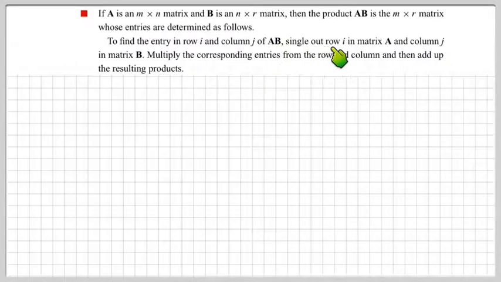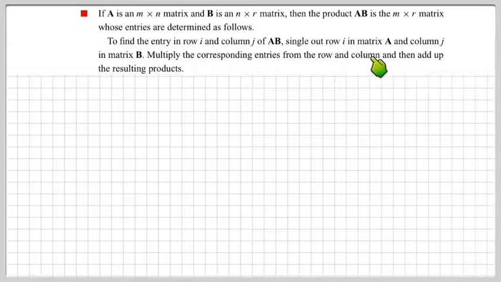You single out the row I in matrix A and the column J in matrix B, and you multiply the corresponding entries from all of the entries in that row by all the entries in the column. That is, the first element in the row times the first element of the column, plus the second element of the row times the second element of the column, and so on till you get to the end of the row and column respectively.